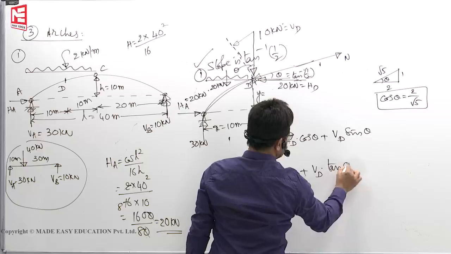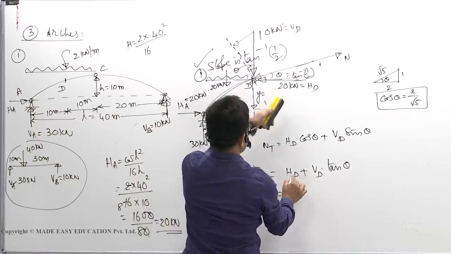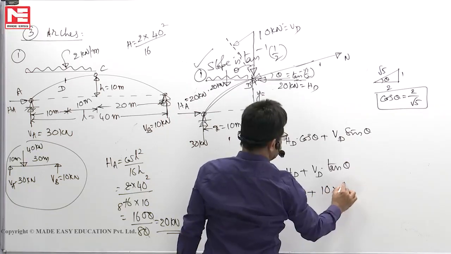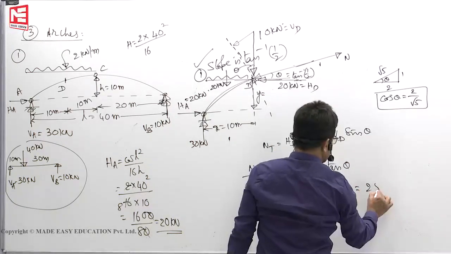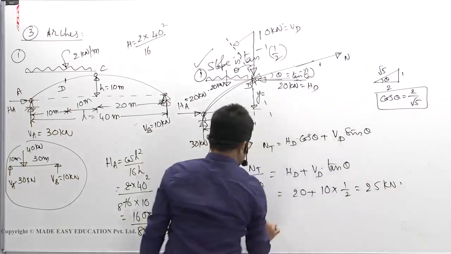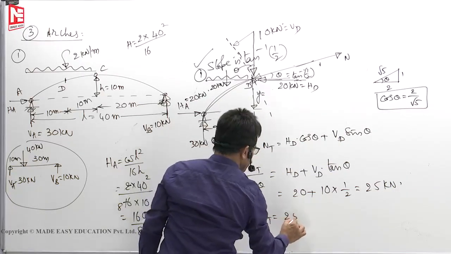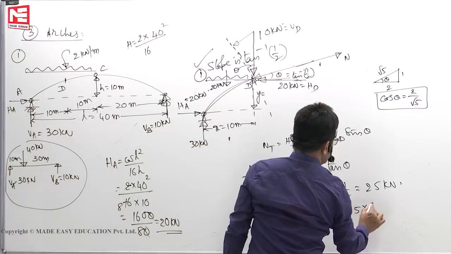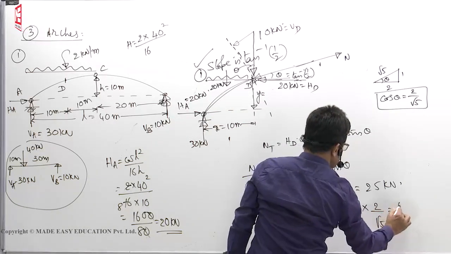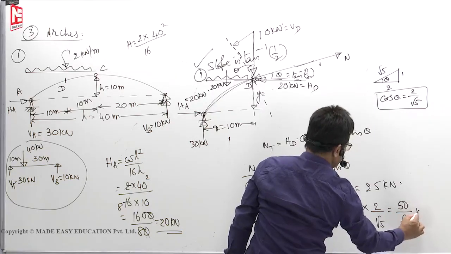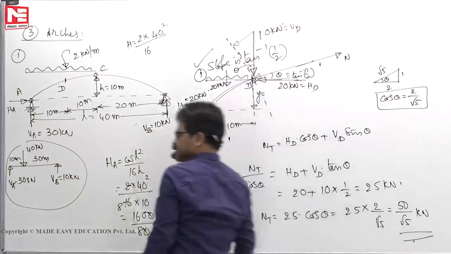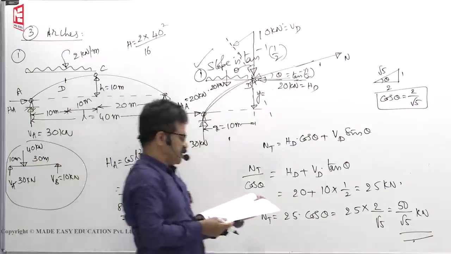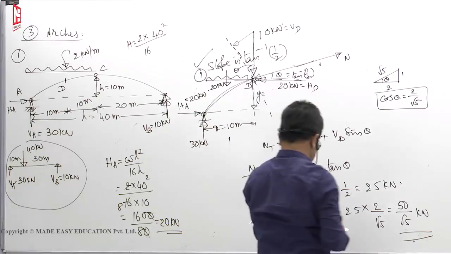So HD horizontal is 20 plus VD 10 into tan theta, 1 by 2. So you will get 25 kilonewton. Now normal thrust is 25 into cos theta, 25 into 2 by root 5. So you will get 50 by root 5 kilonewton. This is the normal thrust. What he has given as normal thrust is 6 into root 5.